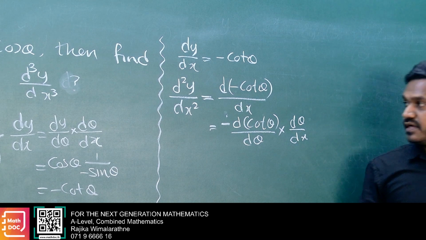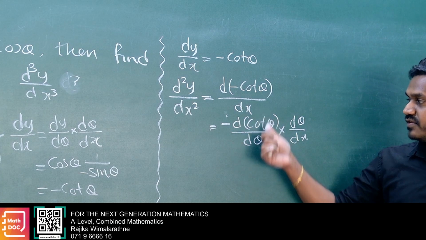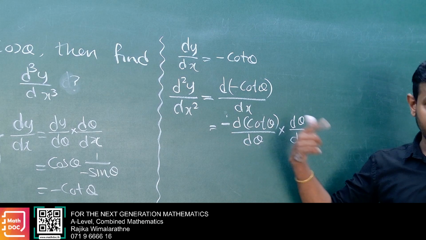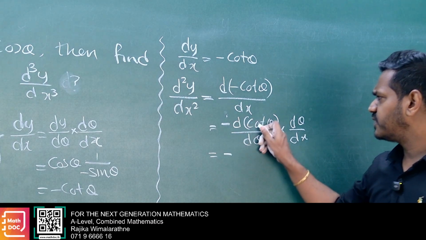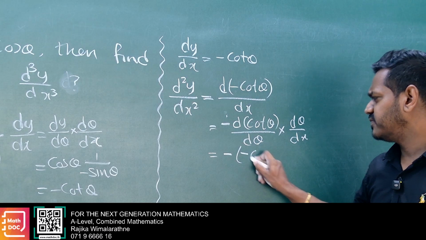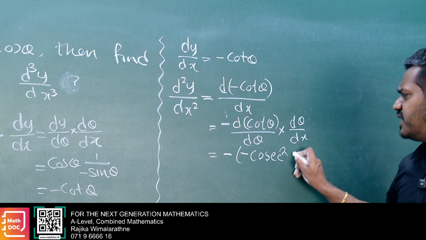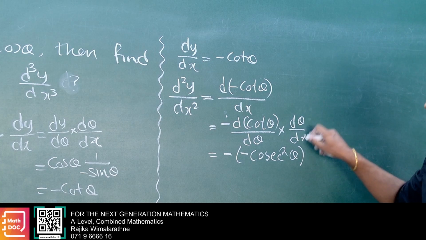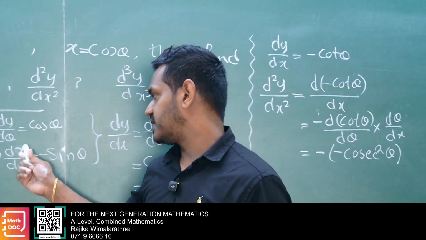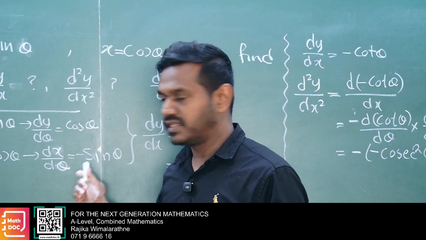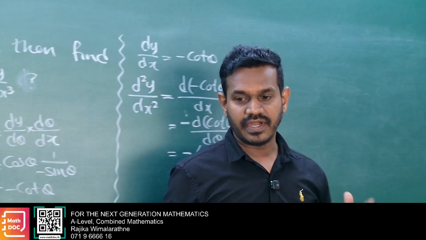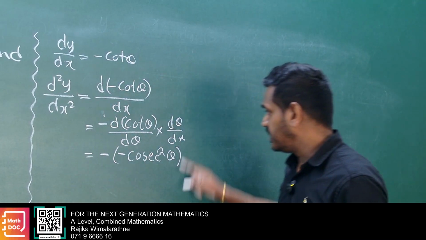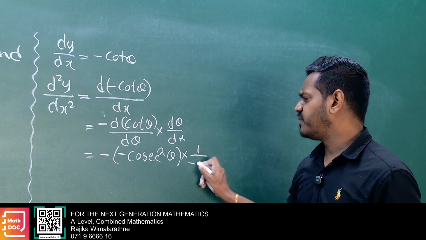Chain rule. Then d cot theta over d theta means you differentiate cot theta with respect to theta: minus cosec squared theta. Then d theta over dx we know previously: dx over d theta is minus sin theta, so d theta over dx is 1 over minus sin theta.